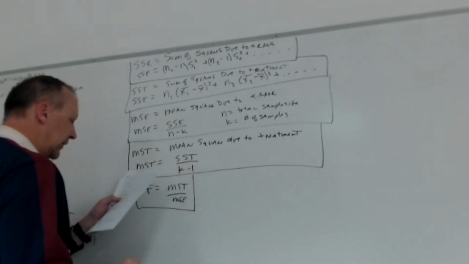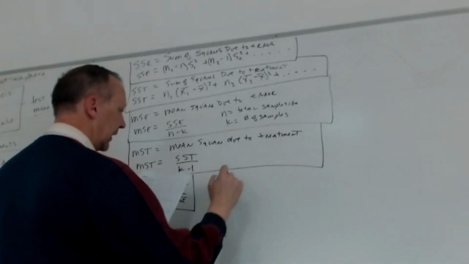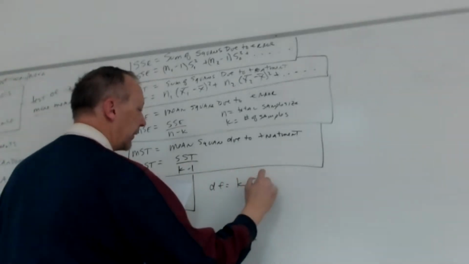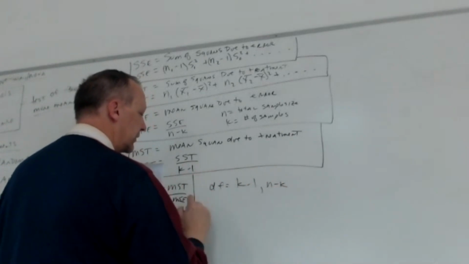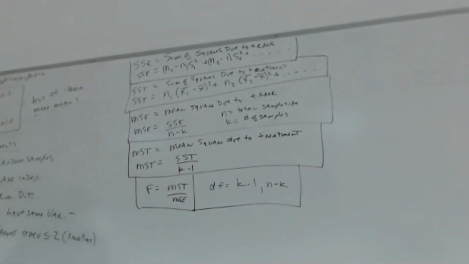And in this case, your degrees of freedom equals K minus 1, comma, N minus K. So just as a reminder, F distribution, two chi-square distributions. We've got two sets of degrees of freedom, the numerator and the denominator, essentially. Okay?